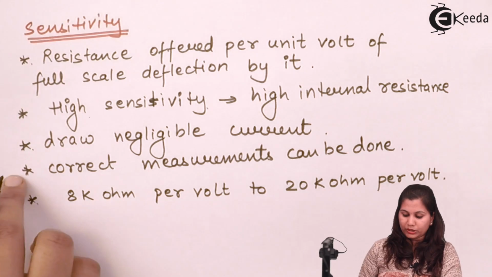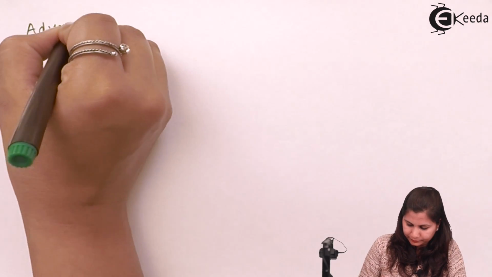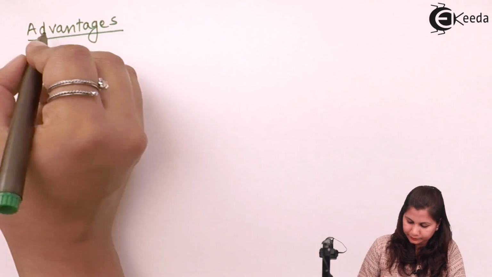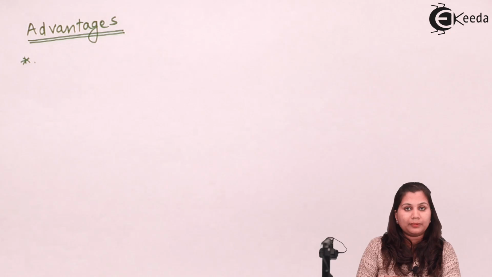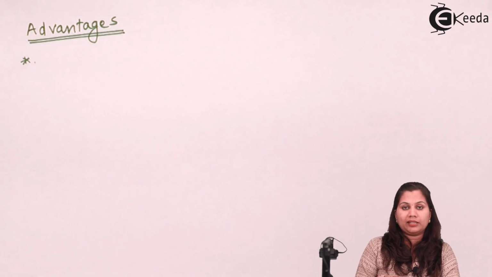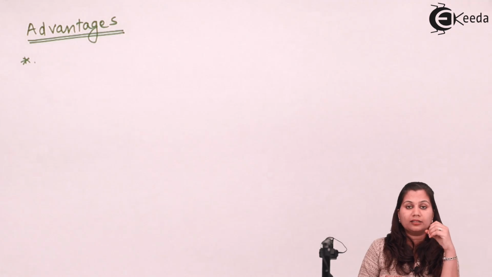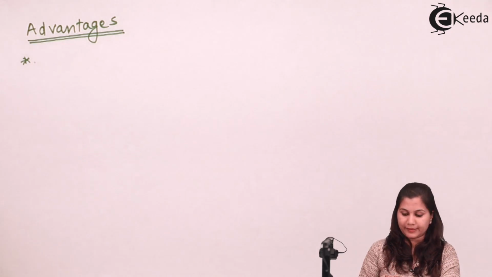Now let's come to the advantages and disadvantages of analog multimeters. Because analog multimeters have very high sensitivity, if there is a very small amount of current, they are going to give us a quick deflection with respect to the digital multimeter.